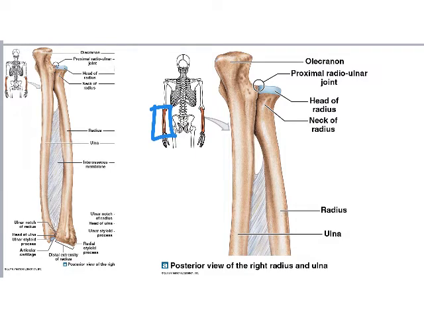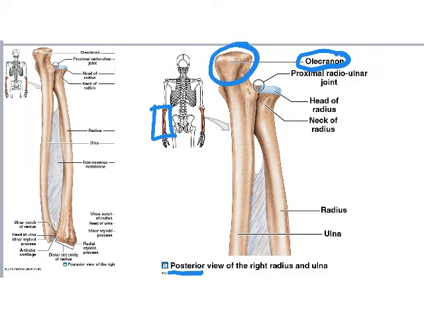We're going to start here looking at the posterior view. Looking posteriorly, there's a couple things we can see in particular. One I already mentioned is the olecranon. The olecranon is the pointy part of your elbow, and that's the proximal ulna posteriorly. You can see it's large and pointy.